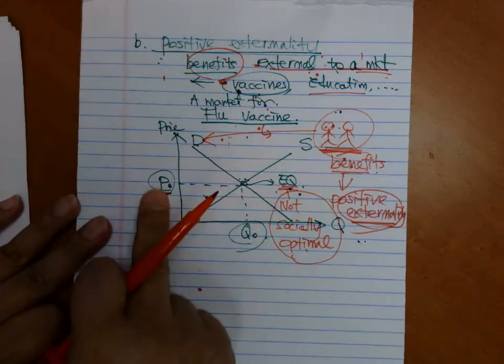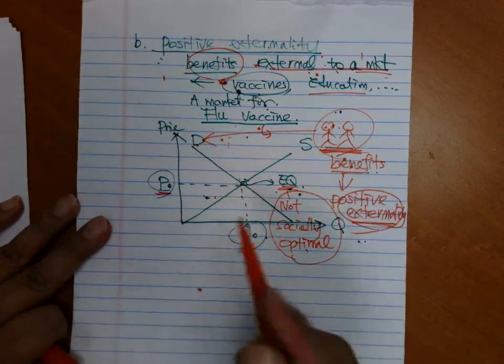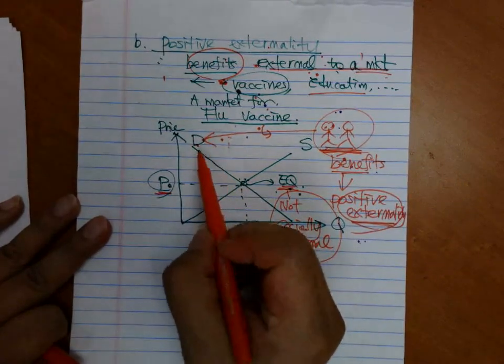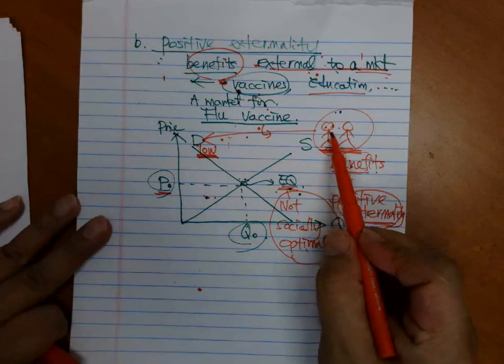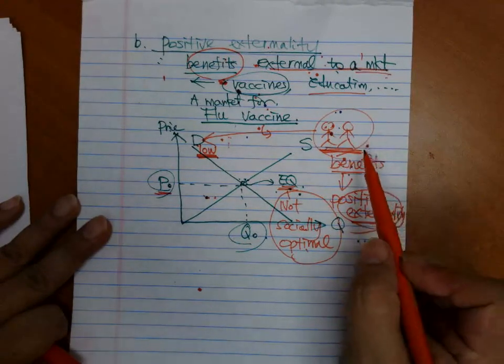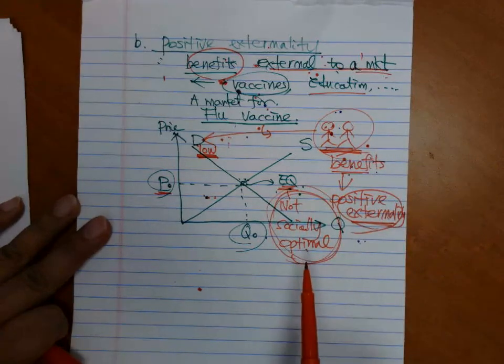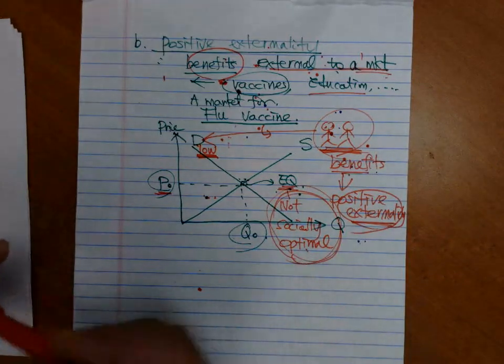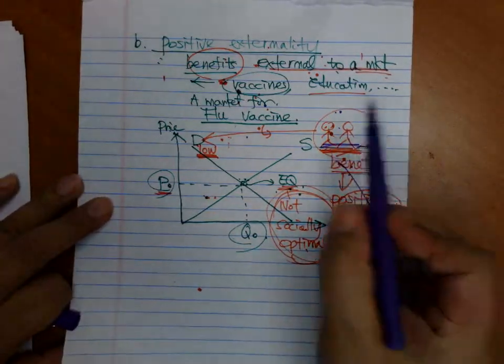So what if these positive externalities are not available to these people? Then they all go and try to get this vaccine. So socially optimal outcome must be the case that these people get a vaccine too. So this is the demand for this vaccine that is socially optimal.